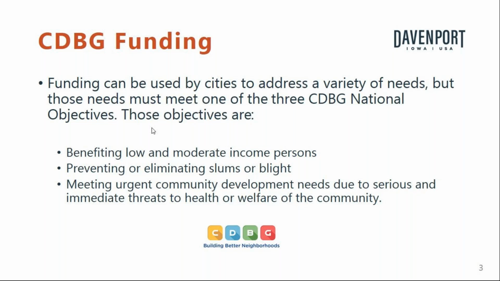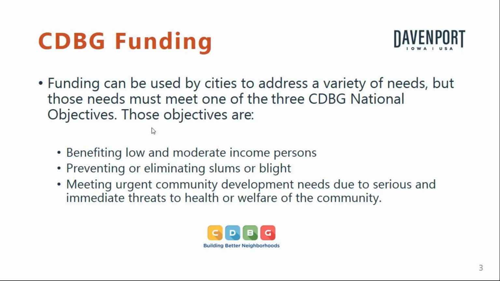It's not a phrase that you typically hear used very often these days, but you do have to remember the program was established in 1974, and the language they used then has not necessarily been updated. So when they talk about slum and blight, what they're really talking about is blighting conditions in neighborhoods. So those would be broken windows and deteriorating buildings and lack of lighting and poor street conditions and things like that.